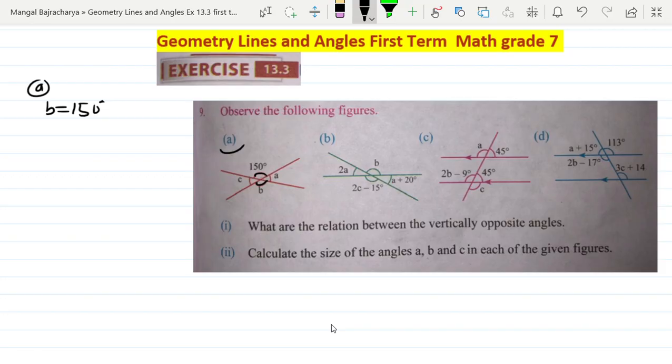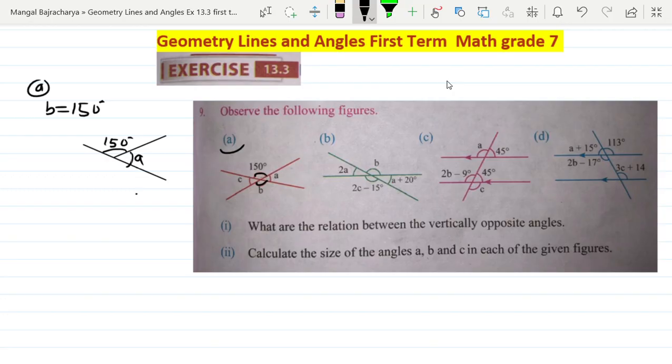And after that, to find C and A, you use the relation of the straight angles. So here, by doing a separate diagram, you have this as 150 degree, and here you have A. So the sum of these two angles will become 180 degree.